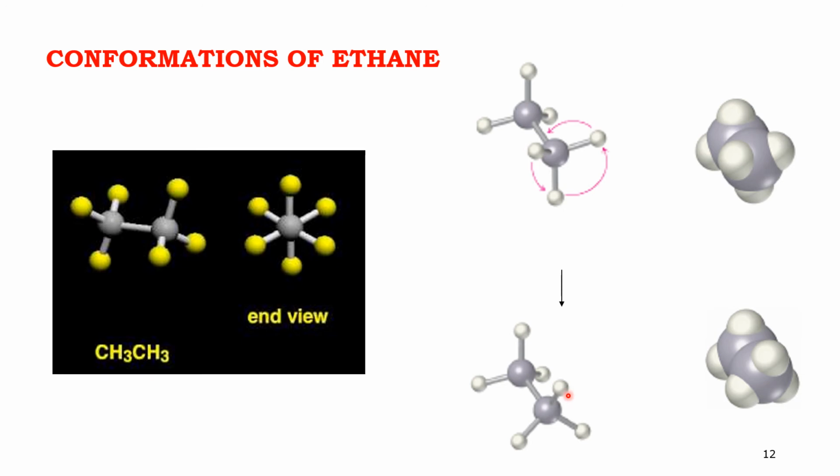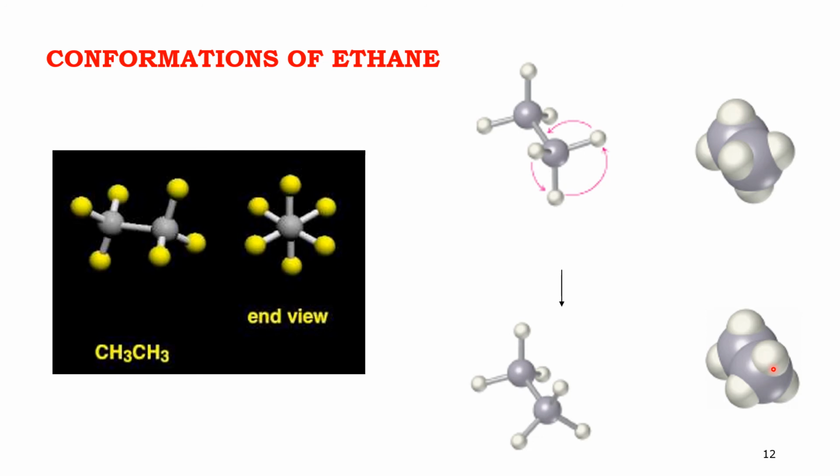In one, the first carbon atom and second carbon atom have all the hydrogen atoms on the same plane. All the hydrogen atoms are on the same plane. See here, in the other case, this is the hydrogen atom of the second carbon atom, and this is the hydrogen atom of the first carbon atom, and it is placed between the 2 hydrogen atoms of the back carbon atom.